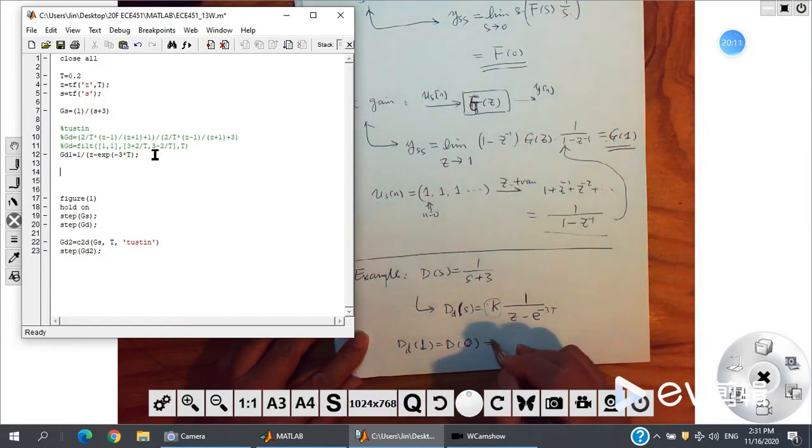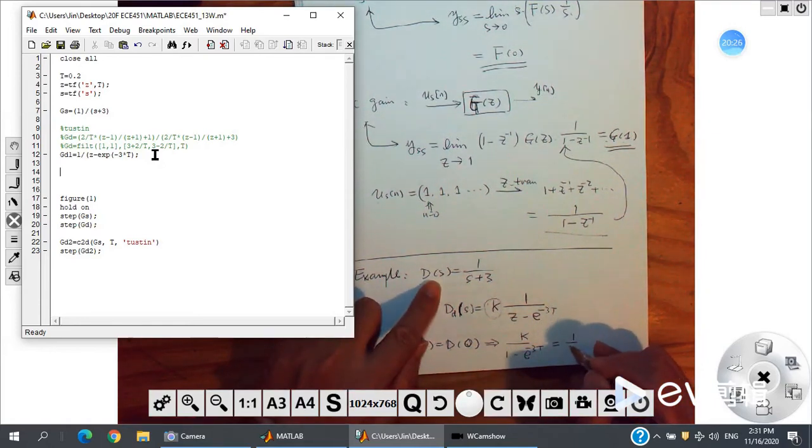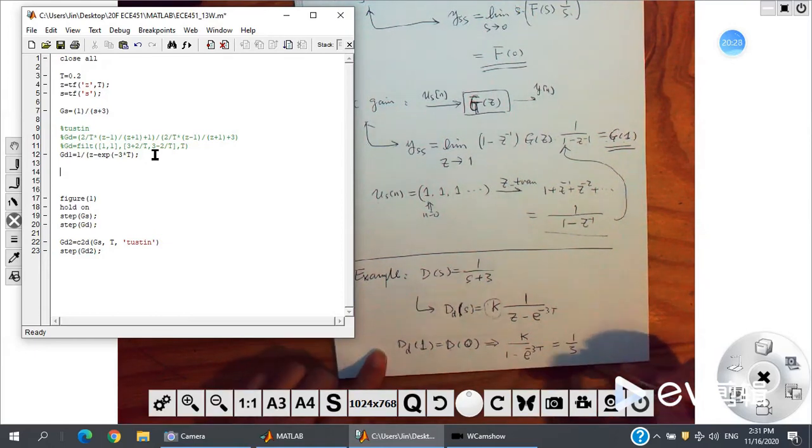So this gives us z is 1. I have 1 over 1 minus e to the negative 3t as a k equal to, this is s is 0, it is 1/3. So k is, okay, k is just this one.